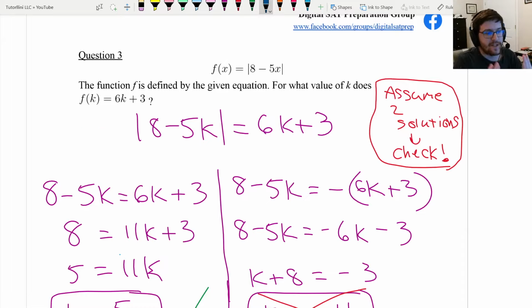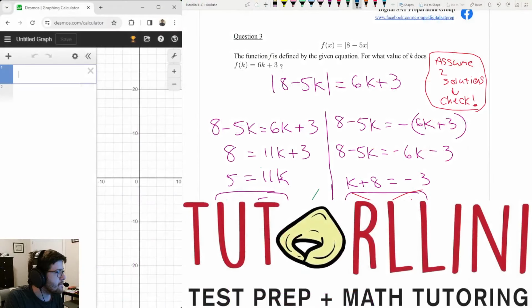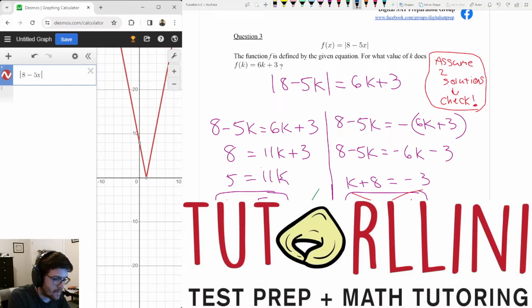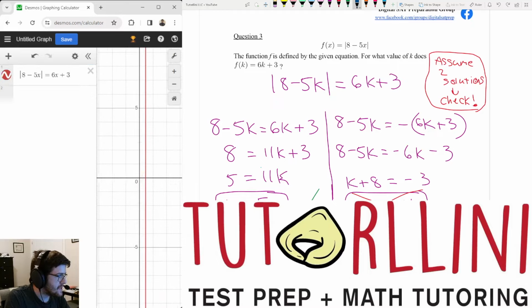entirely on Desmos. So that's what we're going to do now. So let's go to Desmos. And I'm going to first just try to type it in, and it doesn't let me click because there's absolute value.